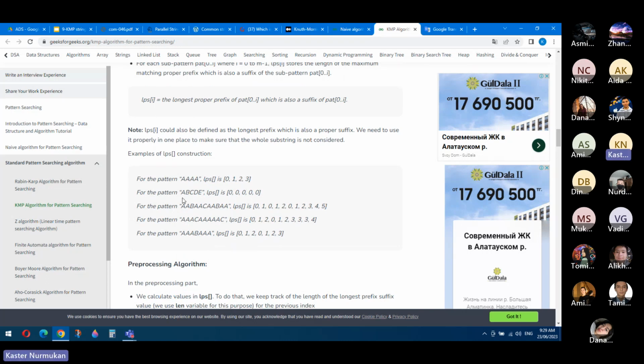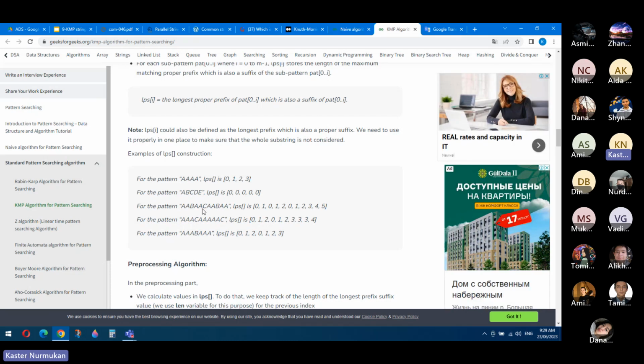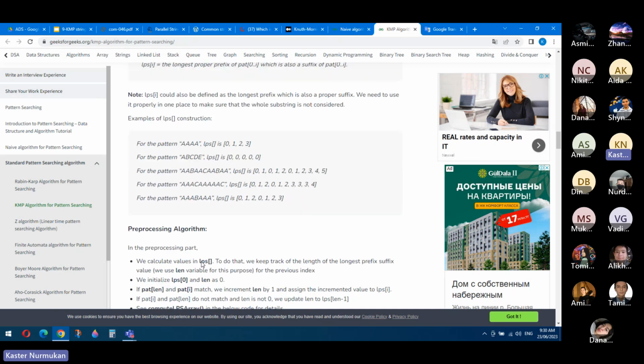What that means is, if there is a whole text, there exists something, a letter that appears more, which is called the longest proper suffix or longest proper prefix.